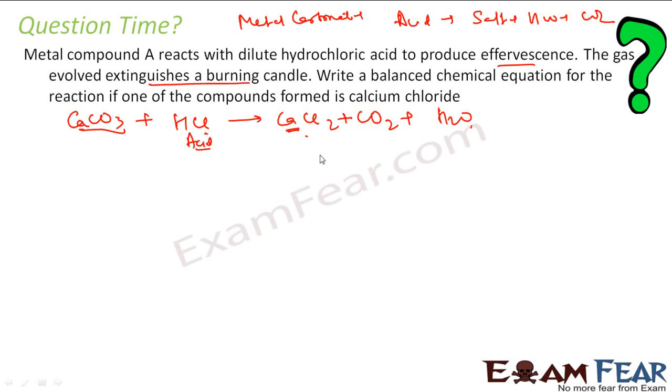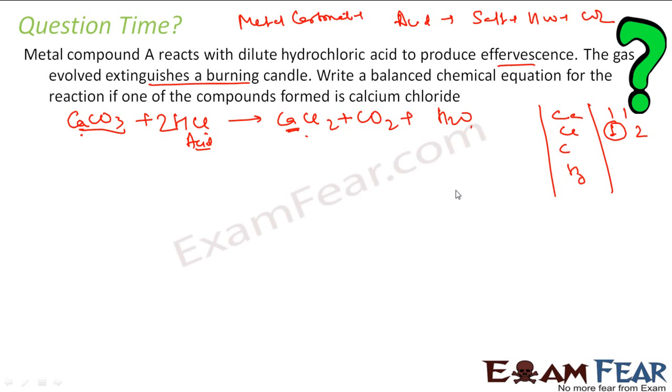Now balance this. We have metal calcium, non-metal chlorine, then carbon, hydrogen. Calcium we have one here, balanced. Chlorine is 1 on one side and 2 on the other, not balanced. We'll multiply this by 2.